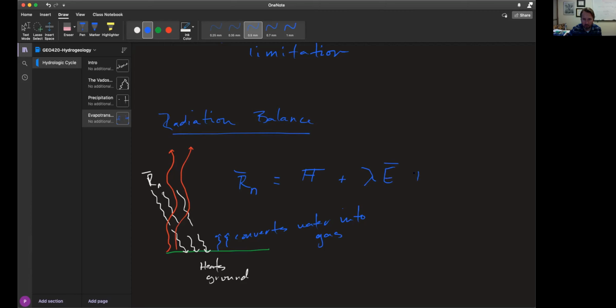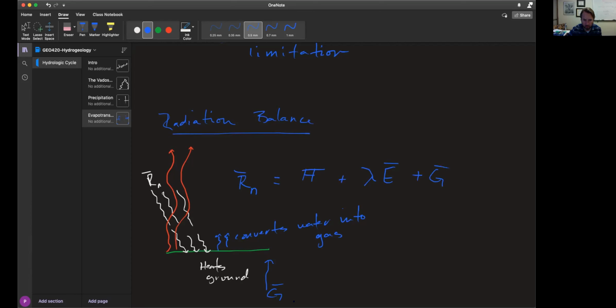And then that's also equal to the deep geothermal heat coming in. We call that the ground heat flux.